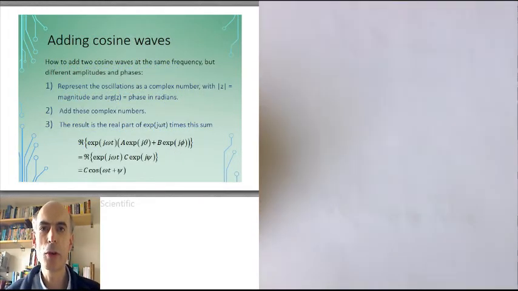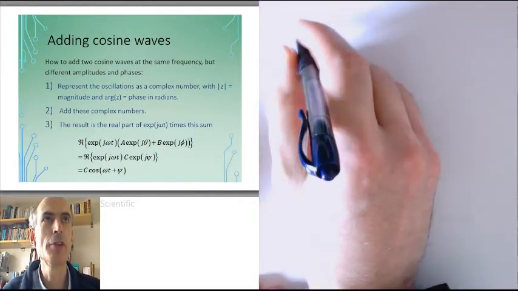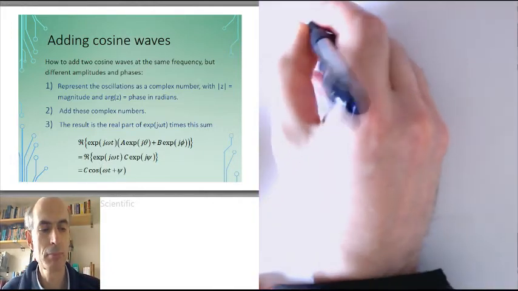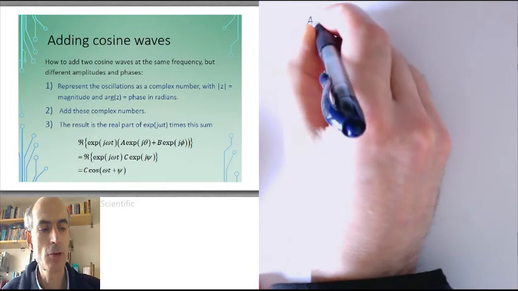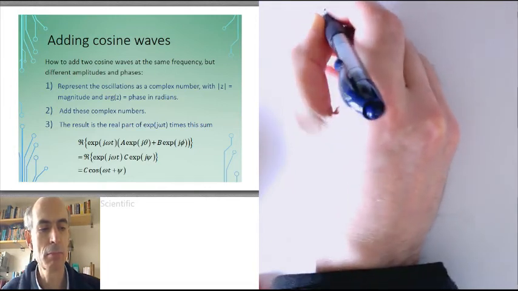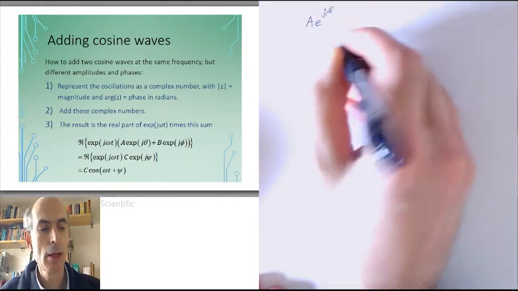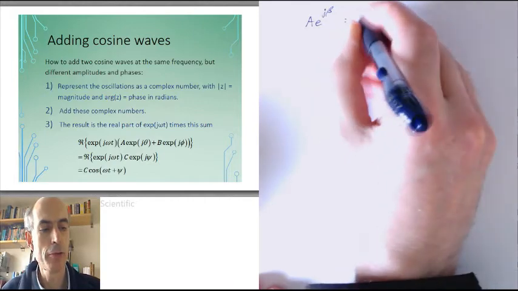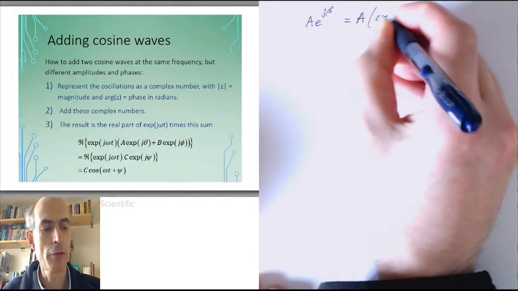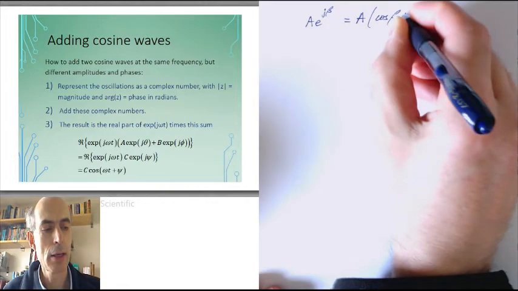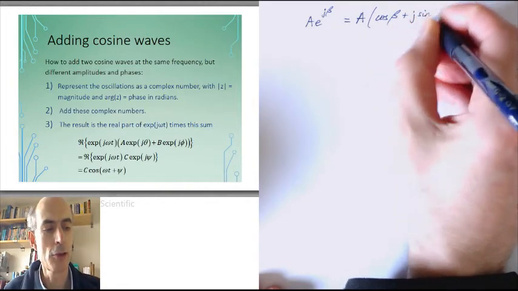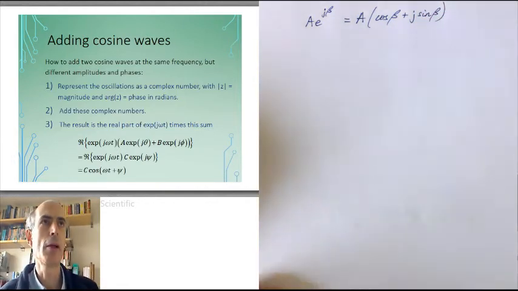Now you may be wondering why this works. Well, it works because we can represent a complex number, say a e to the j beta, in terms of a cosine of the phase term beta and the sine of the term beta as well.